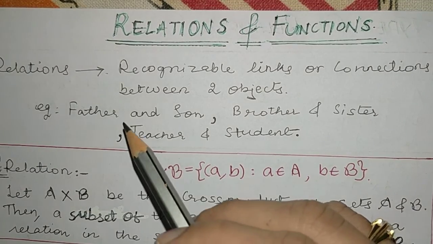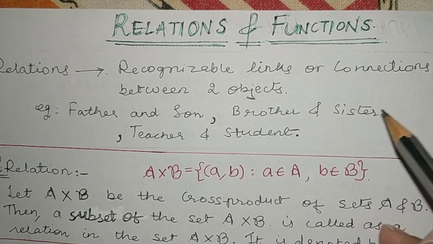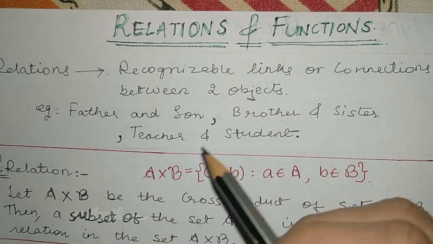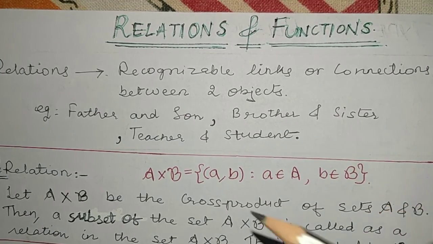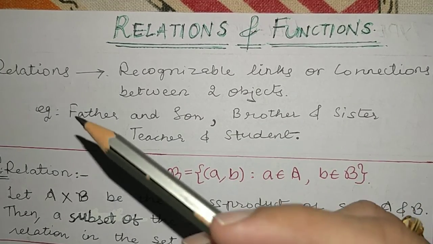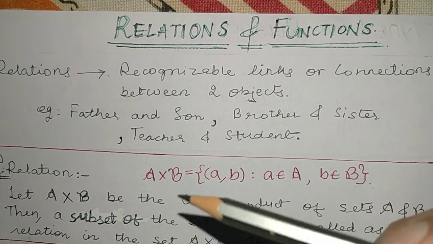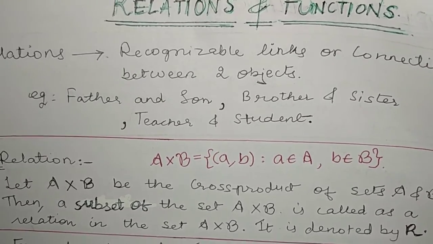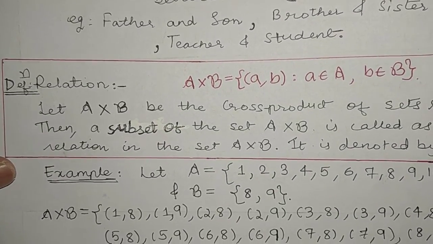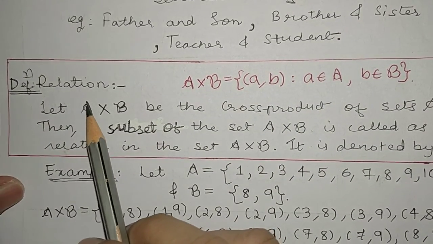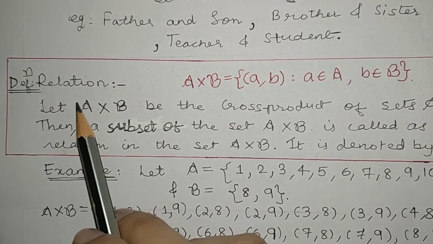Examples: father and son, brother and sister, or teacher and student. Like this, you can have relations in daily life.